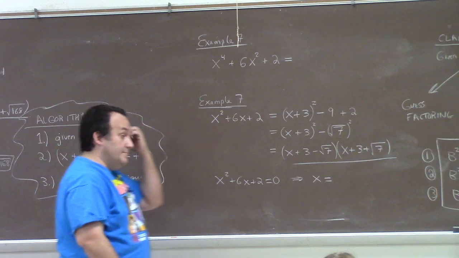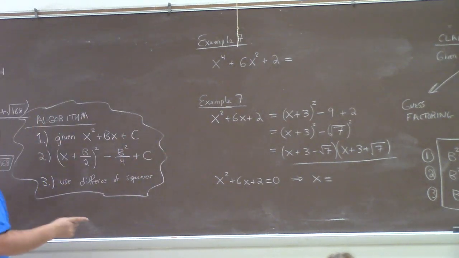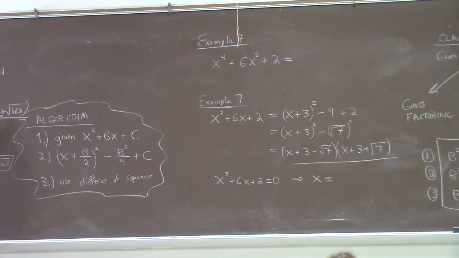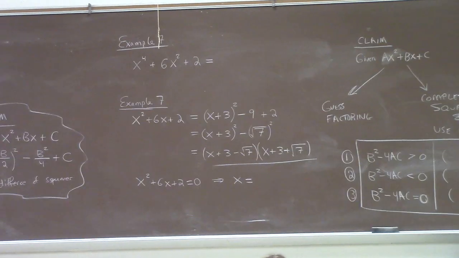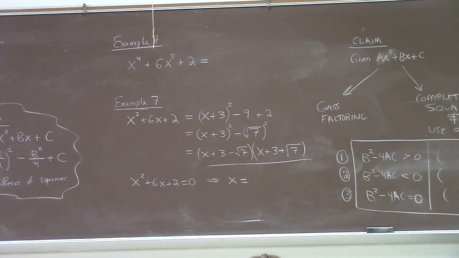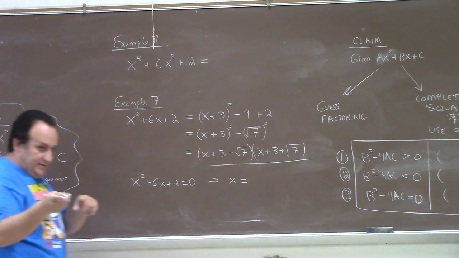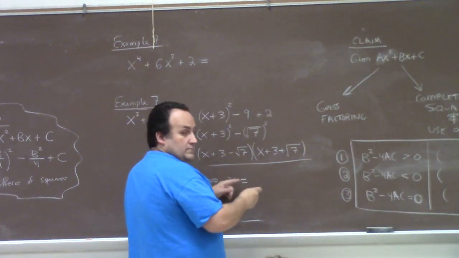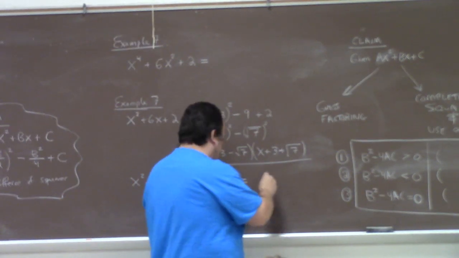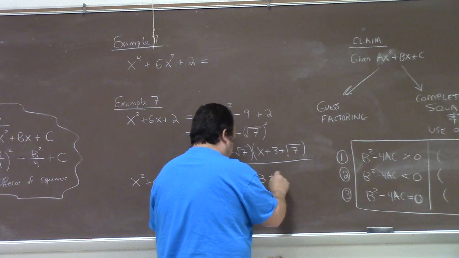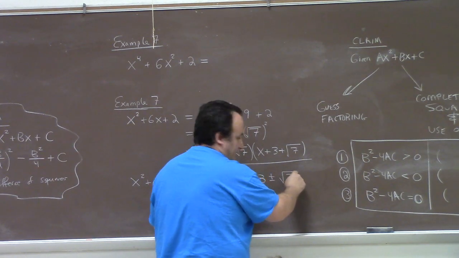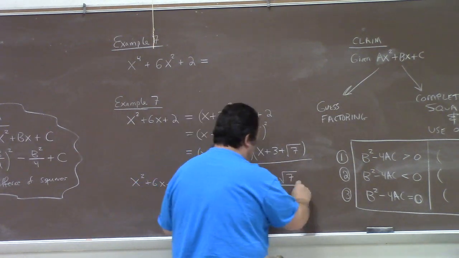Be careful, because when we put this and that equal to 0, we end up flipping the signs. Like the plus 13 became minus 13 when we move it to the other side. So minus 3 plus or minus the square root of 7, yeah.